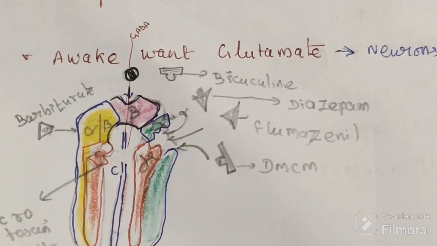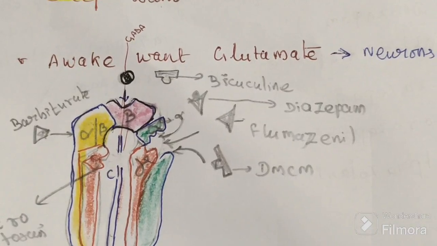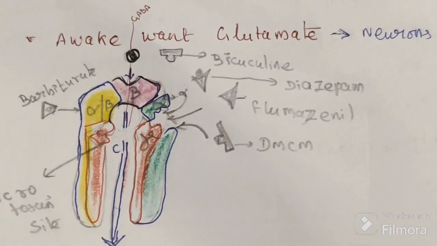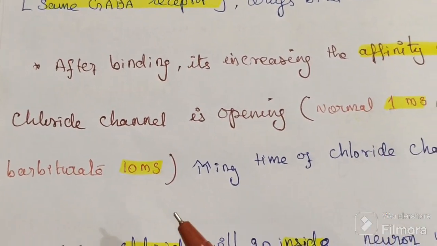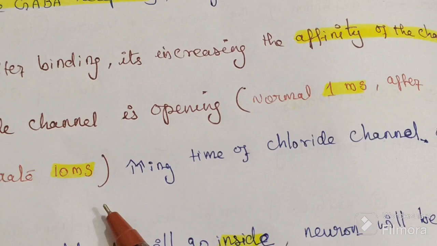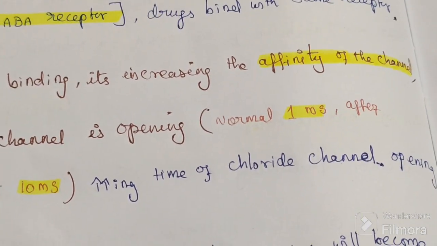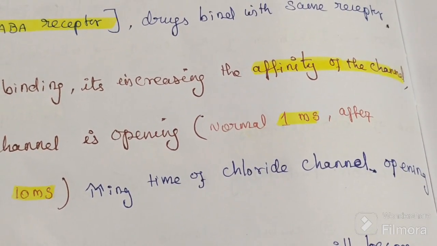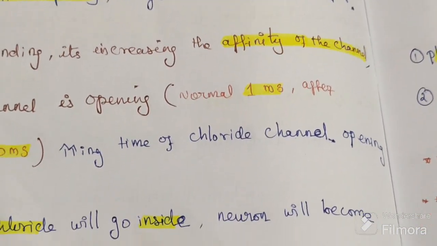More chloride will go inside and the neuron will become hyperpolarized and that person can sleep.